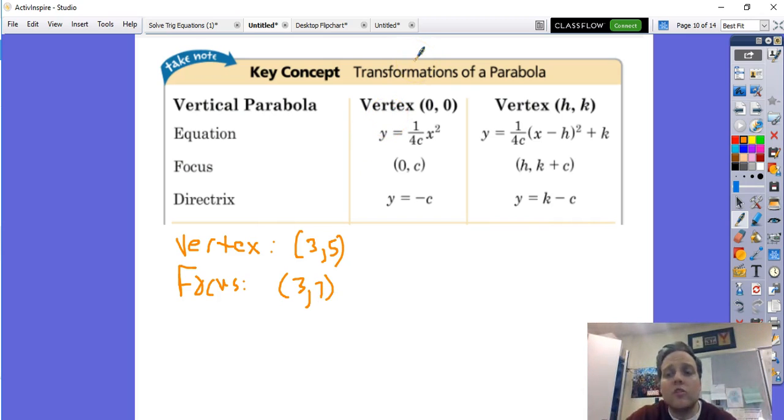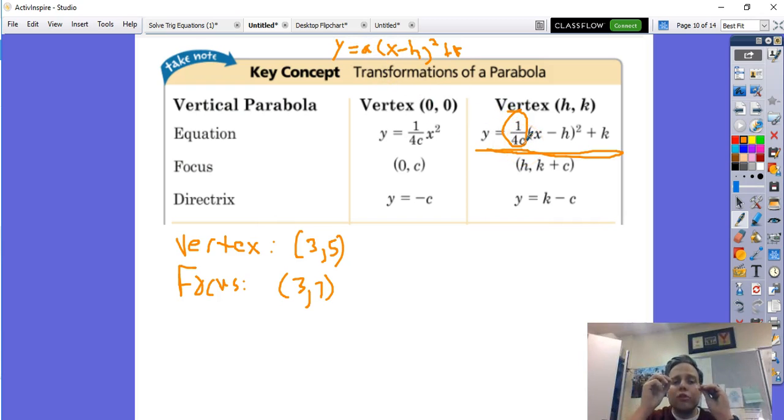Well, first it's important to remember what vertex form is. Vertex form is y equals a times (x minus h) squared plus k. Okay? So hopefully after you wrote all this stuff down, you're like, whoa, vertex form is basically the same thing as this, except I changed a to being 1 over 4c.